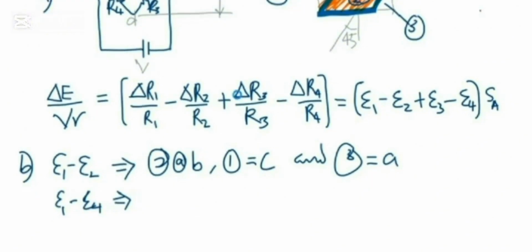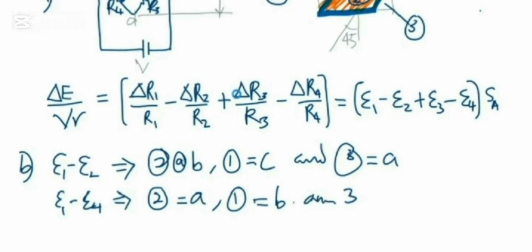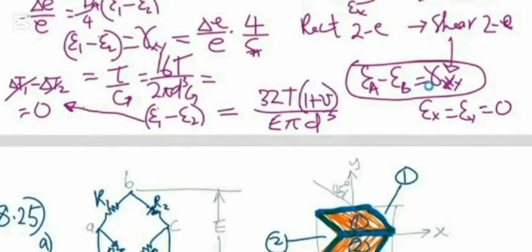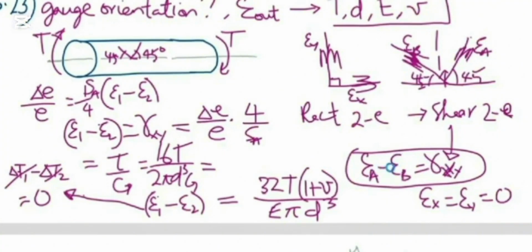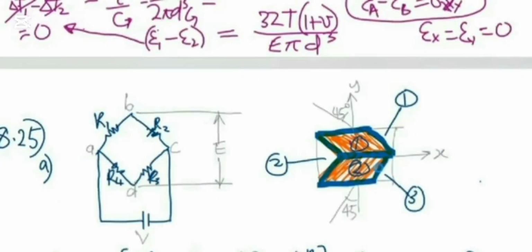So when we have E1 minus E4, it means 2 should be connected to A, 1 should be connected to B, and 3 should be connected to D. In this case, we'll have a difference, and that difference will give us the shear strain, as we have proved earlier, that the shear strain is equal to the difference in the values of the strain gauges.